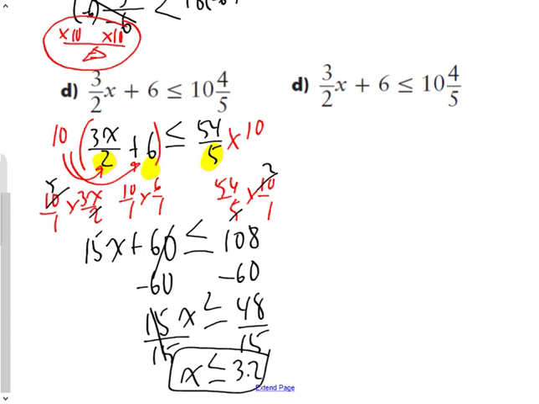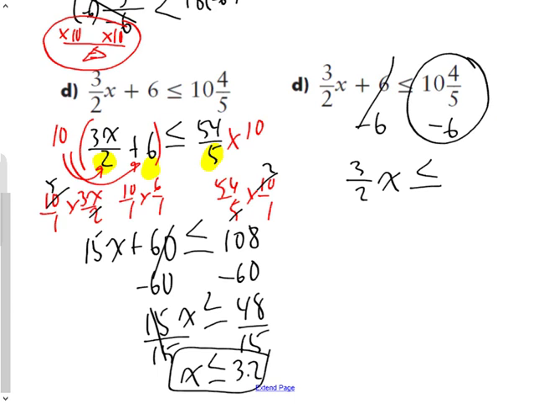Now that's a lot of work. If you did it this way instead of multiplying both sides by 10, you could just do the standard, subtract the coefficient from both sides or get rid of the coefficient by making a 0 pair. You get 1.5x, or 3/2 of x, is less than or equal to, and this one's not as hard as it normally is, because 10 4/5 take away 6 is simply 4 4/5.